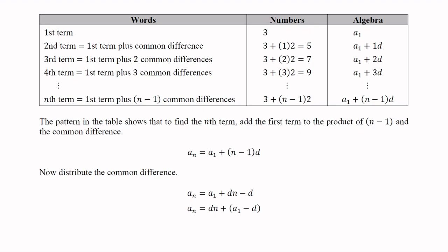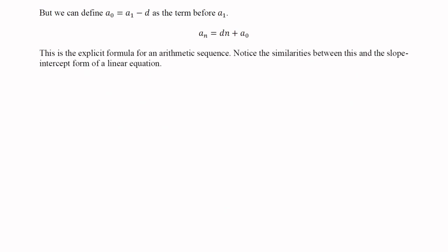Now we can redefine a sub 1 minus d, because to find the next term, you add a common difference. To find a previous term, you're going to subtract a common difference. So if we were to subtract d from a sub 1, we would get the 0th term, or a sub 0. So we're going to define a sub 1 minus d as a sub 0 and substitute that. Now we have an explicit formula for an arithmetic sequence.